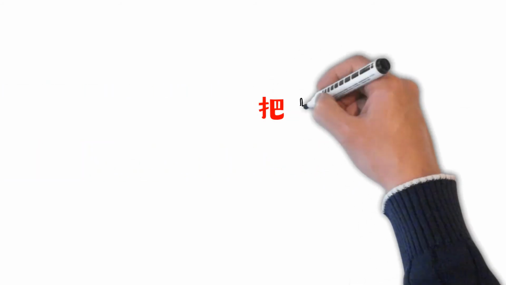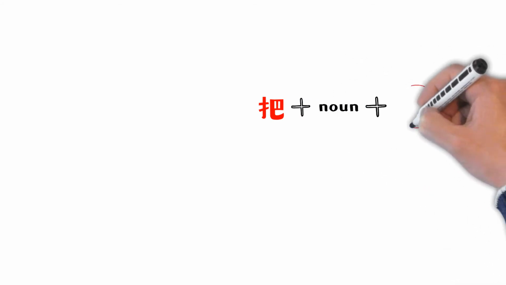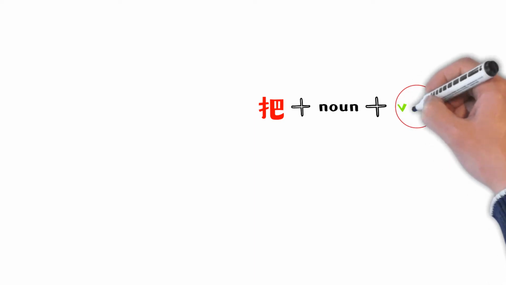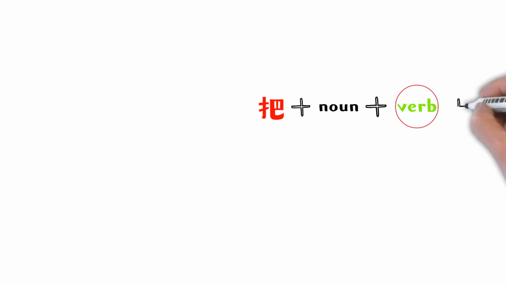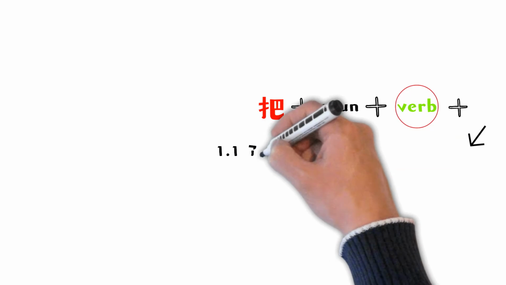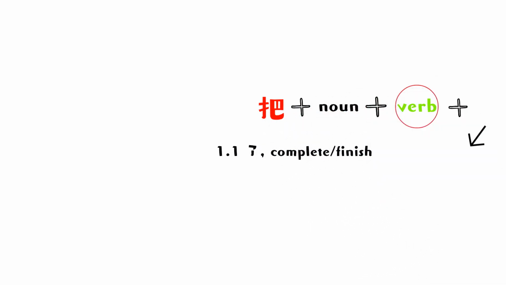In this basic structure, we must pay attention to the verb, because the verb can not only be a dynamic verb, it can also be a stationary verb, which indicates no change in 把 sentence. In order to make this verb always dynamic, we must add something at the end of the verb. For example, 1.1, 了, which indicates complete or finish.